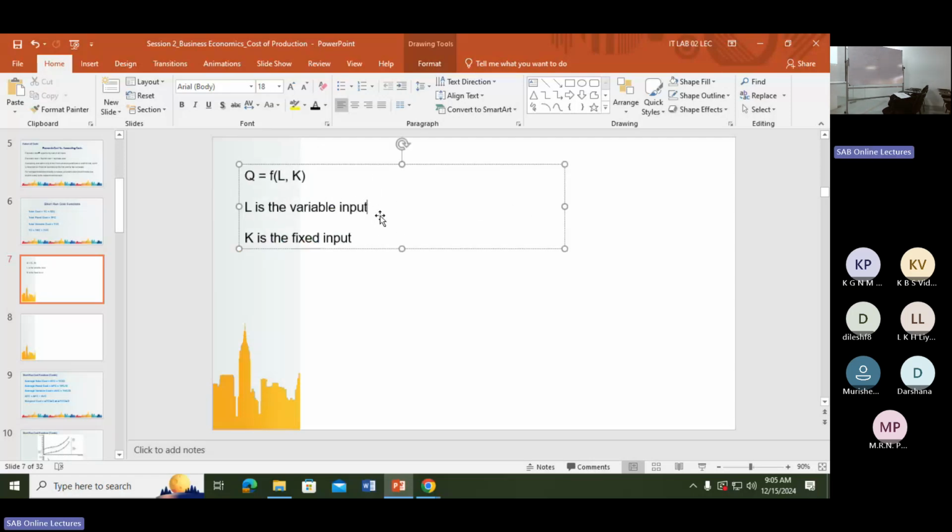For the variable input, the firm incurs variable cost. For capital, which is the fixed input, the firm incurs fixed cost. What is the labor cost?